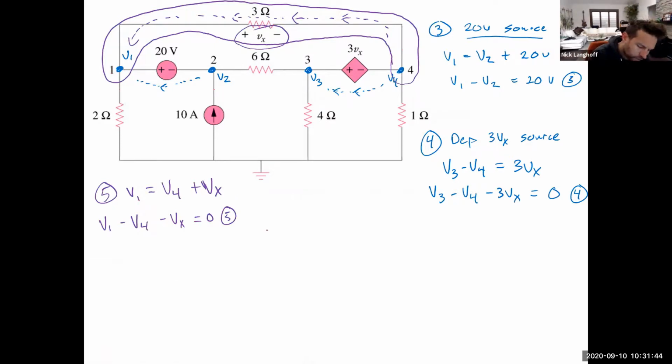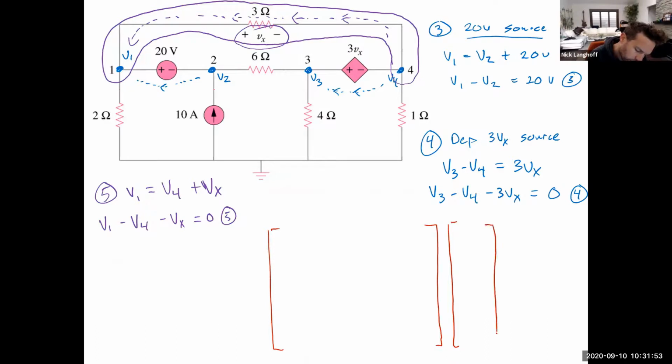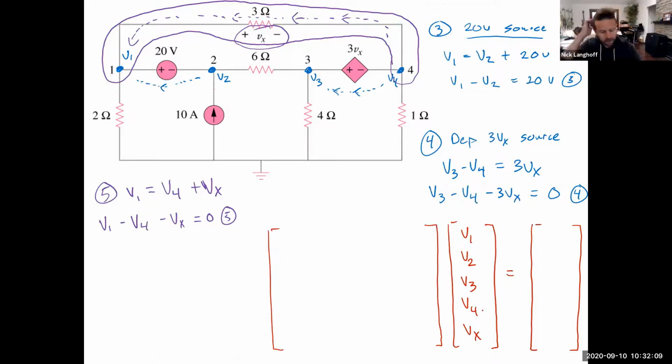All right, so we're going to do a 5 by 5. Whoa, this is our biggest matrix yet. That's cool. The unknowns in our matrix are the node voltages V1, V2, V3, V4, and finally Vx. Let's go ahead and put equations 1 and 2 in.